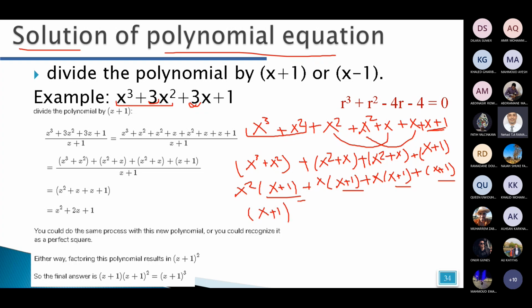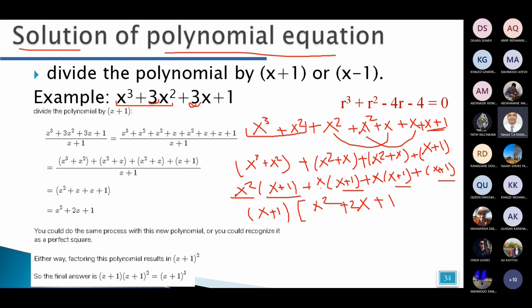What will we still have here? Okay, so x plus 1 multiplied by what remains inside. What remains inside? x power 2 plus x plus x, meaning plus 2x, plus, when we take x plus 1 outside from here, what remains?